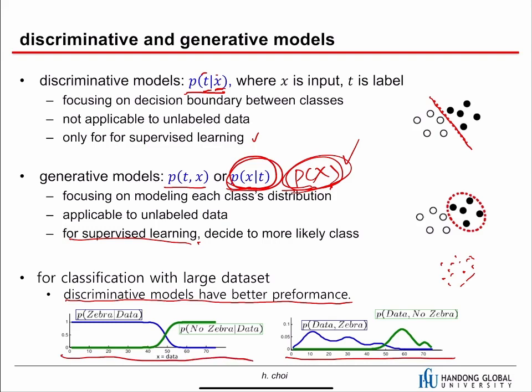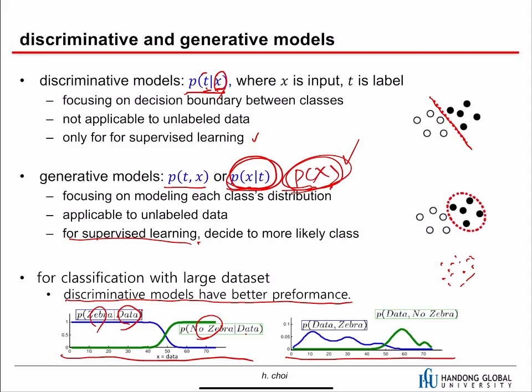Discriminative models are interested in this probability, P of zebra given data or P of no zebra given data. So data is given, X is given, then is it a zebra or not? T is zebra or not, right? If P of zebra given data is higher than P of no zebra given data, then it is a zebra. Otherwise, it is not a zebra.